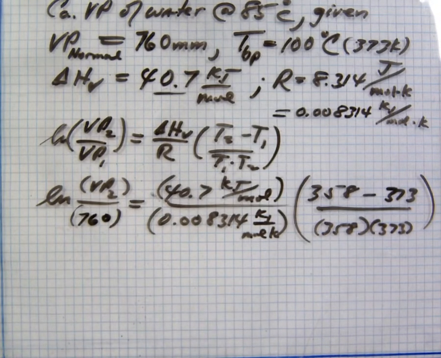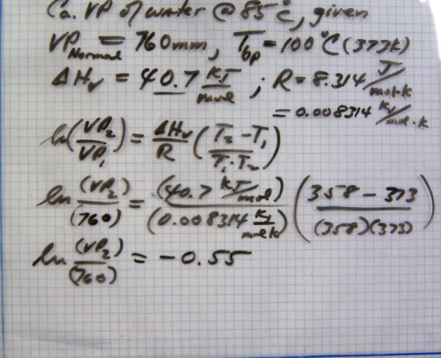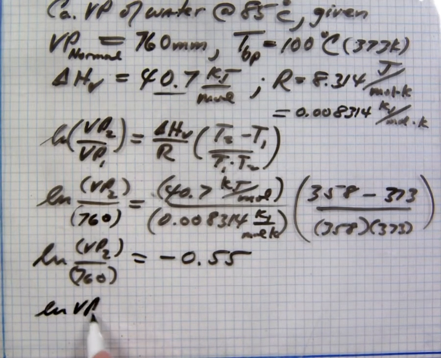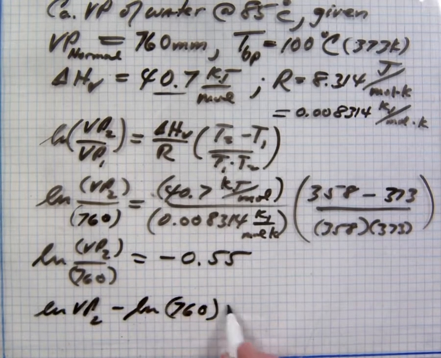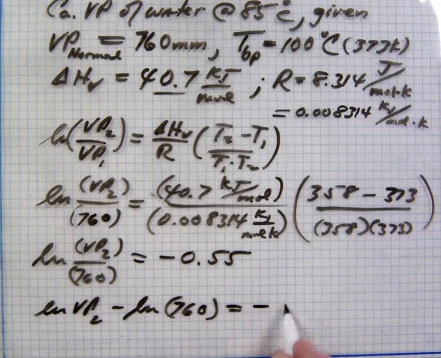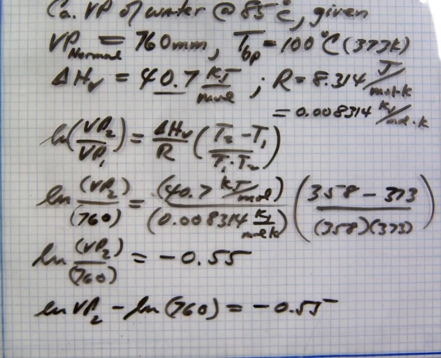If you back me up on that, run it through your calculator sometime and let me know if it's okay. When you get this far, ln of Vp2 minus ln of 760 is equal to minus 0.55. So all we need is ln of 760.